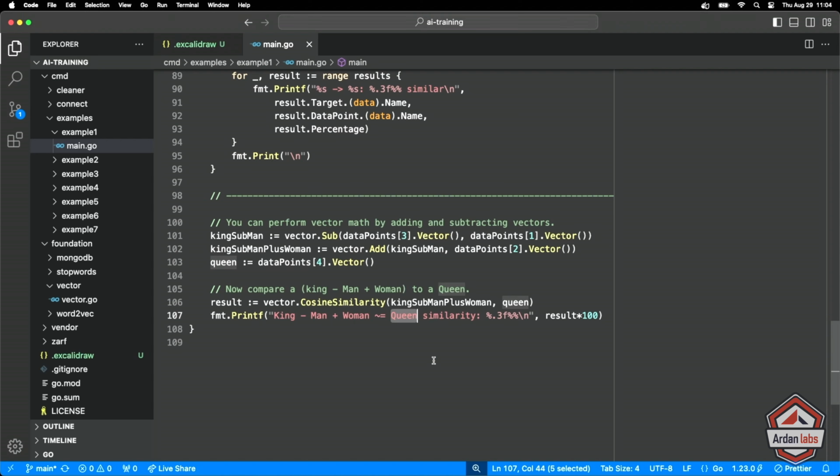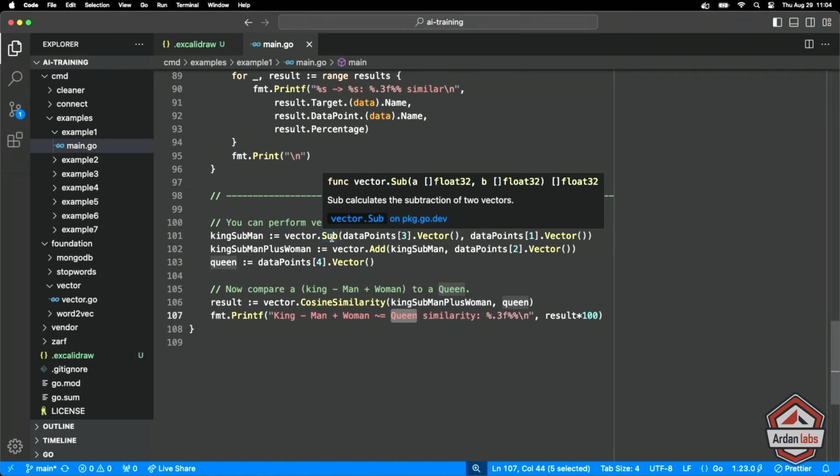And this is this classic test, which is why our vector package has the idea of subtraction and adding, so we can play this math game. So this is a good test if you're playing with your own embeddings and you want to see some of this stuff work.